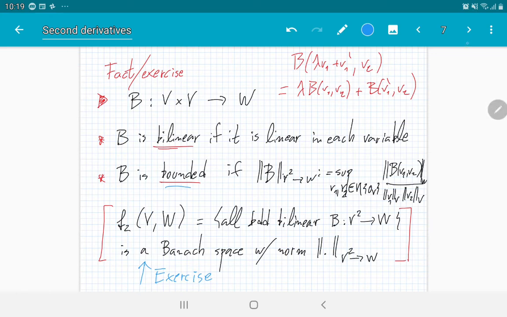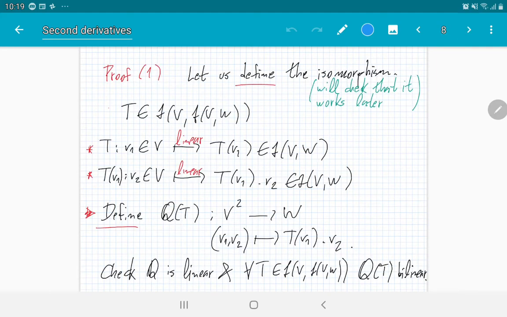Okay. Now what do we do? I told you that there'd be a bijection, taking bounded linear mappings from V to LVW to bounded bilinear mappings. So what is the bijection? Remember, T takes a vector V1 and produces a linear transformation from V to W. The linear transformation takes a vector V2 and produces, sorry, this is wrong, produces an element of W. So what is Q of T?